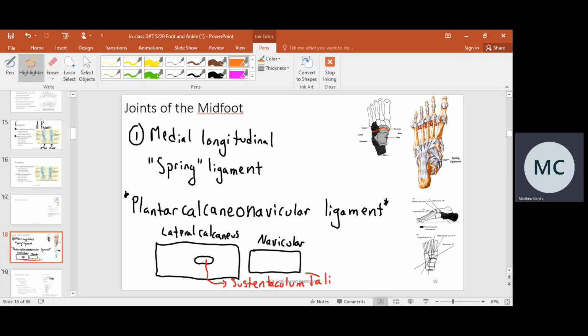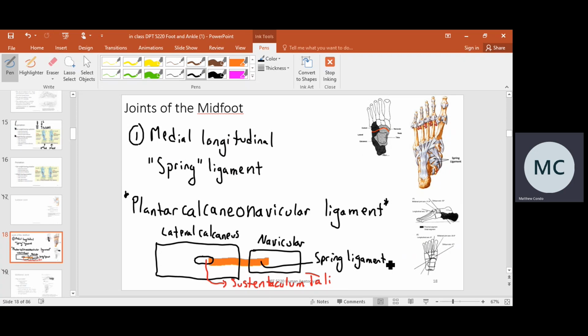If you look at the textbook, you're going to see a little line that goes from one structure to the other. Okay, and this is going to be my spring ligament. From the lateral view, that structure looks like it's very thin. It's not that big of a deal.